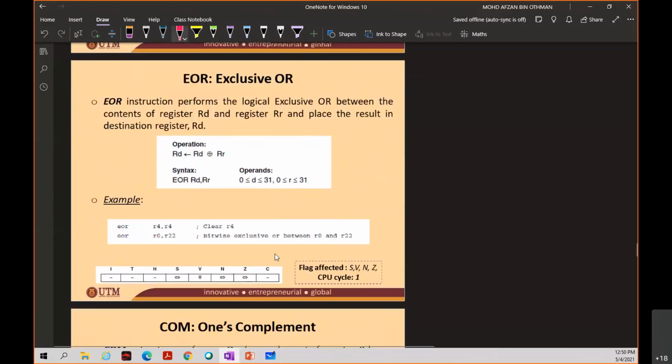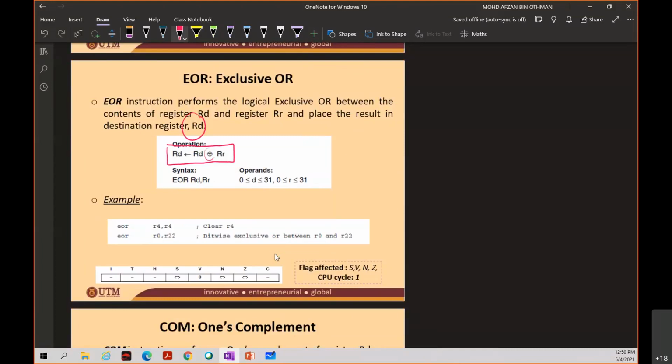Next, we look at the last one here. Before we stop, we look at the exclusive OR, EOR instruction. The EOR instruction performs the logical exclusive OR between the contents of RD and RR register, and places the result in RD. This is the symbol for the exclusive OR operation.